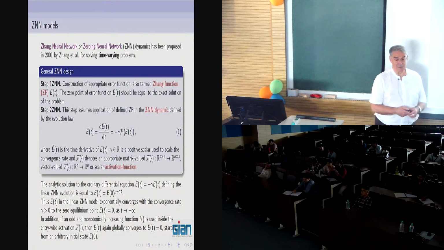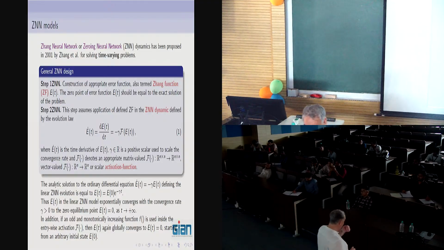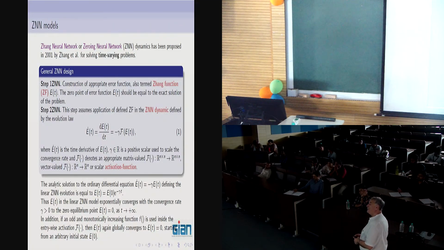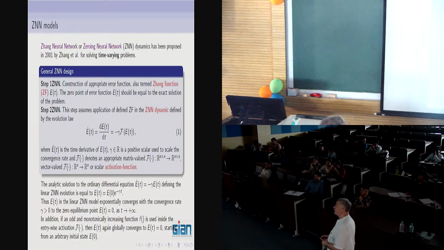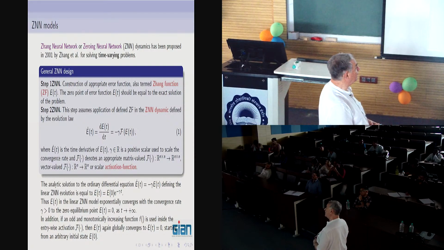Here a typical assumption is that the input is given in time-varying form. This type of recurrent neural networks was proposed at the beginning of this century by Yunong Zhang, and it is aimed at solving time-varying problems.